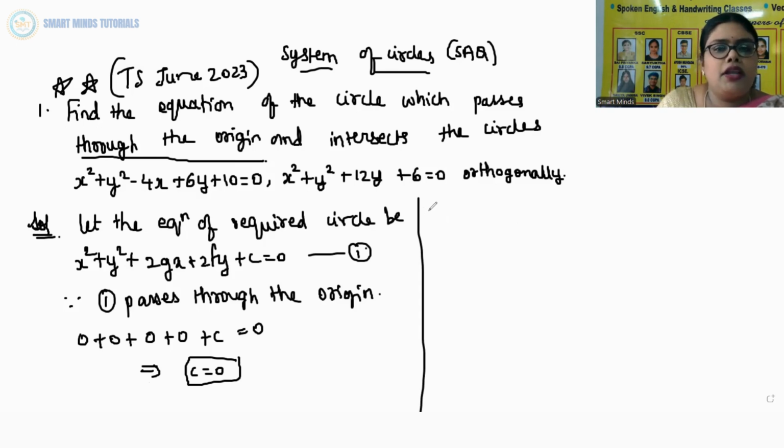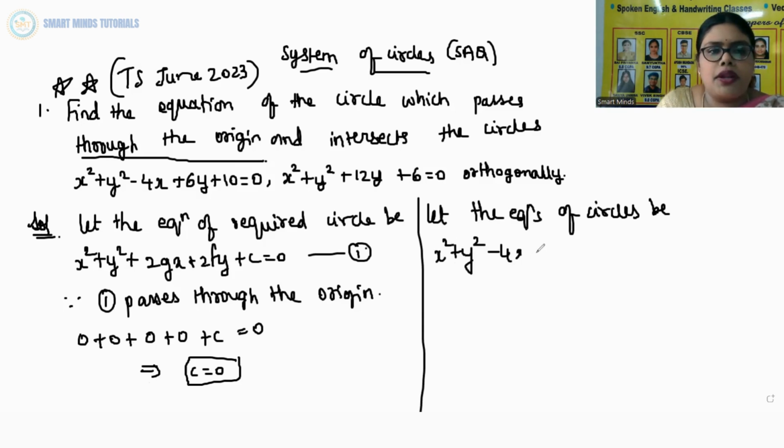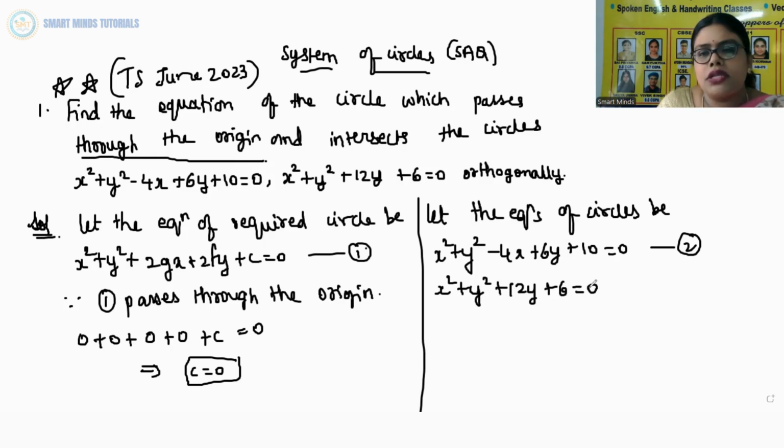Now let the remaining two equations which are given in the question, let the equations of the circles be x square plus y square minus 4x plus 6y plus 10 is equal to 0, equation number 2, and then x square plus y square plus 12y plus 6 is equal to 0, equation number 3.